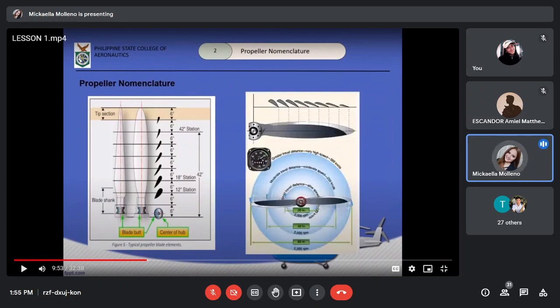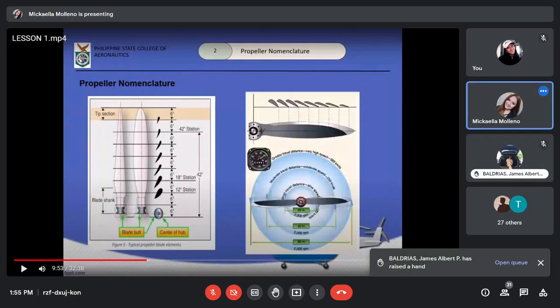And kapag nagna-number ba tayo ng blade stations, mula saan siya mini-measure? So, blade stations are measured from where? Baldrias. Okay, yes, measured po from the center of the hub po.